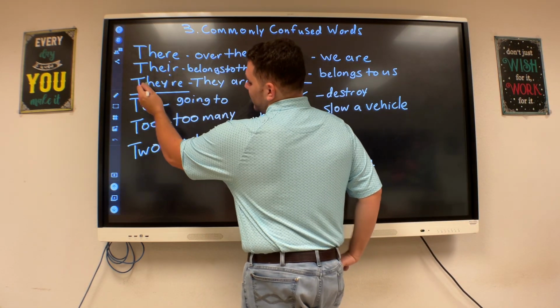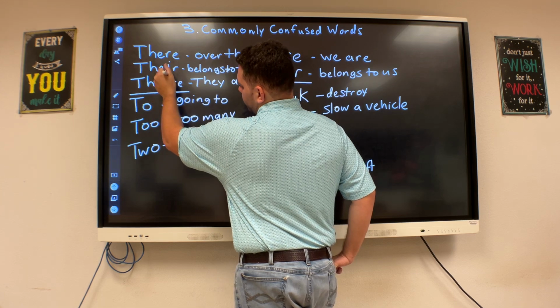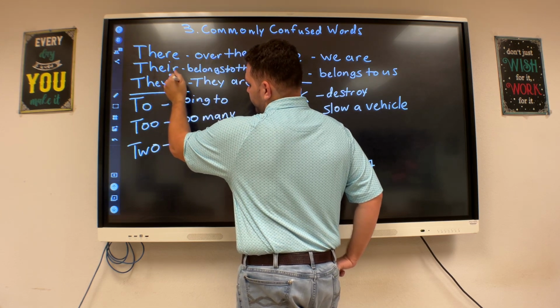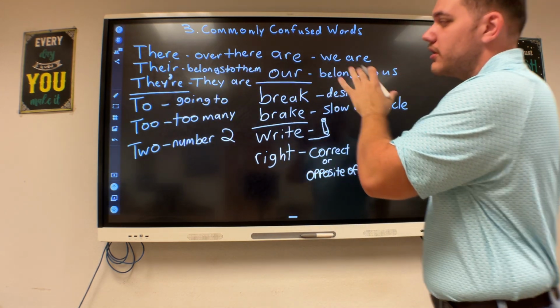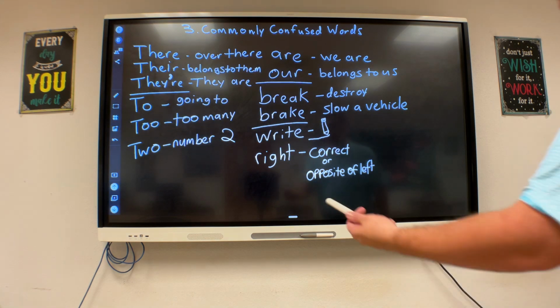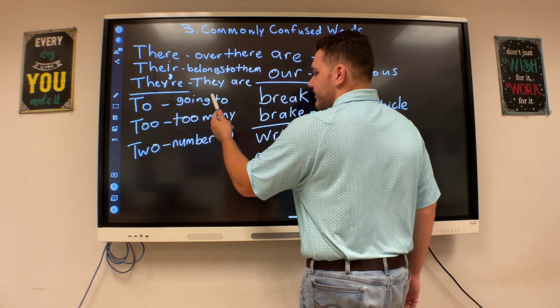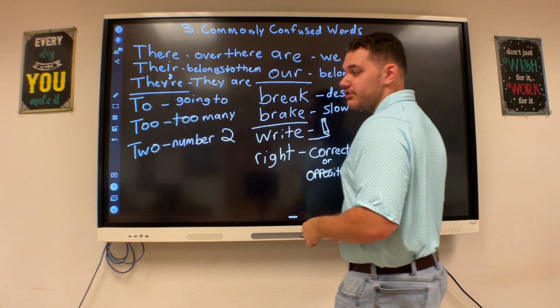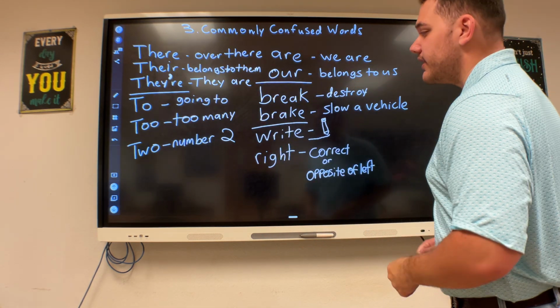But then THEY'RE, with an apostrophe, just means they are. The apostrophe is like a contraction saying there's a letter we took out to make it a shorter word. So they are becomes they're. And then the same with to, too, and two. TO is like going to. I'm going to Walmart, or I'm going to do that.